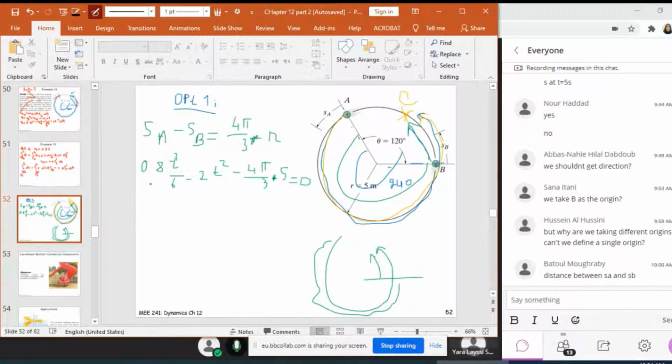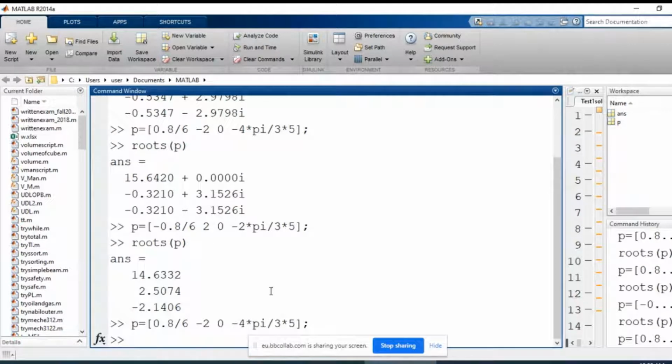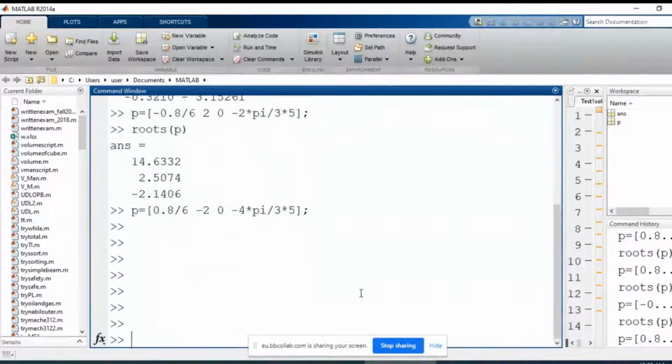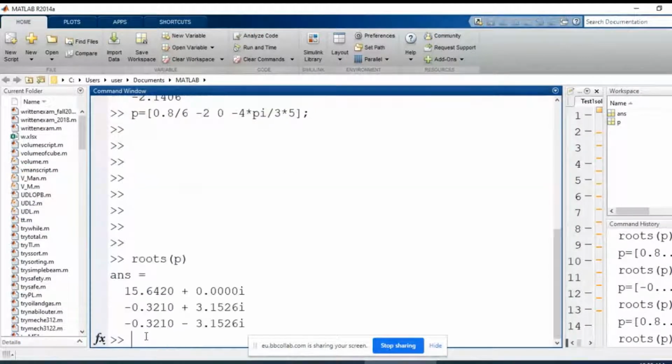If I want to find the time here by solving the third-degree equation, let's go to MATLAB. I did it in the first section. So yes, this will be P. This will be the polynomial expression, and then I'm going to say roots of this P to find the roots.